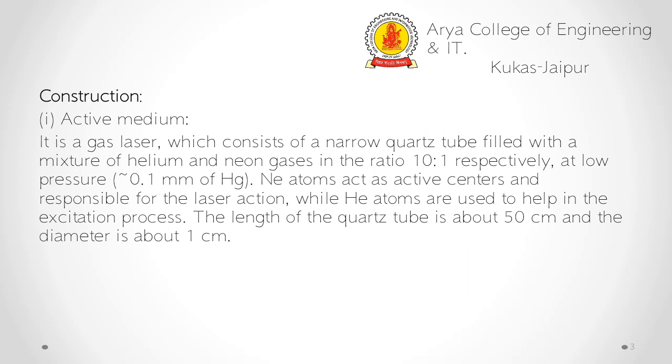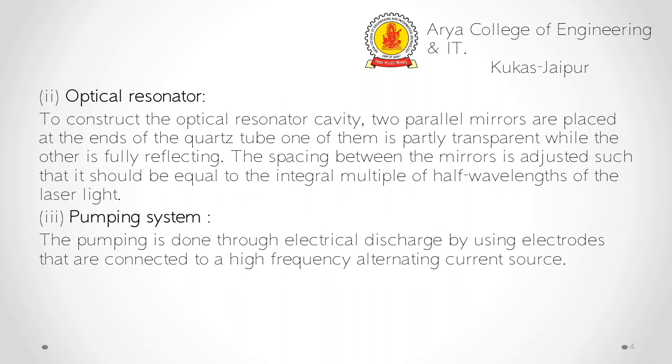Neon atoms act as active centers and are responsible for the laser action, while helium atoms are used to help in the excitation process. The length of the quartz tube is about 50 cm and the diameter is about 1 cm.